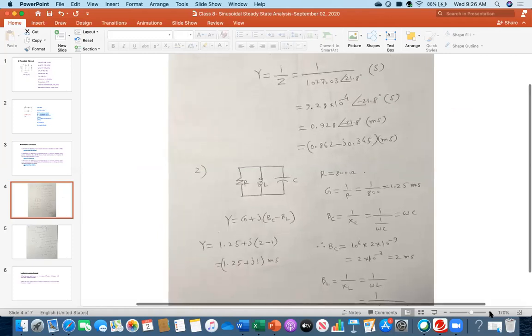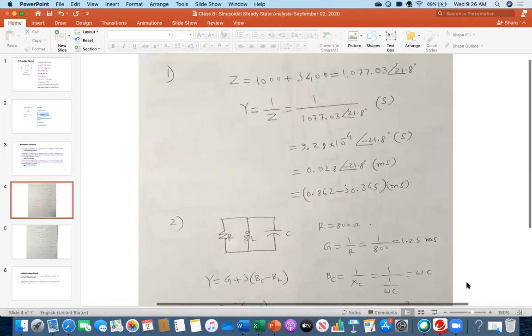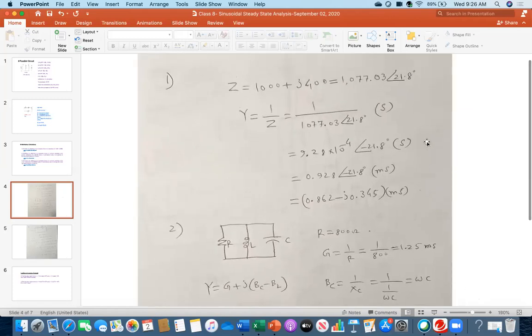So, I think I have done that in the next slide. Everybody see, and please use your calculator to verify that I did it correctly. That was Z. Because I have to find the admittance Y, which is one over Z, first I converted this into polar form: 1077.03 at an angle of 21.8 degrees.